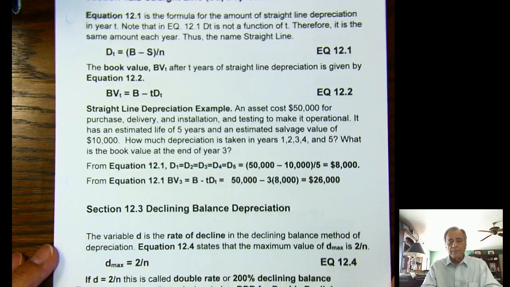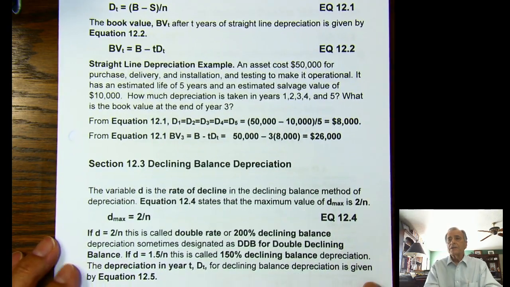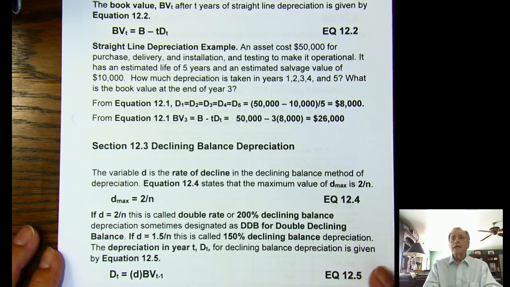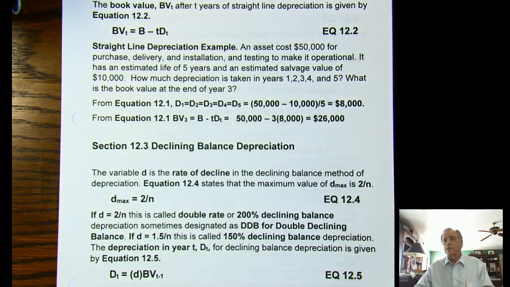The declining balance method is a more tax-friendly method than straight line because you get more depreciation in the first few years, and we know from the time value of money we would like to get more tax deductions, pay less tax now, pay maybe a little more later.